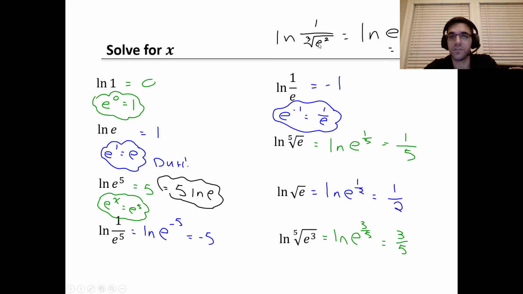Negative because the e in the denominator becomes a negative exponent in the numerator, and the 2/3 because it's a 3rd root and it's squared. So negative 2 over 3 is the answer for that one. Or the natural log of e to the power of negative 2 over 3 is equal to negative 2 over 3.